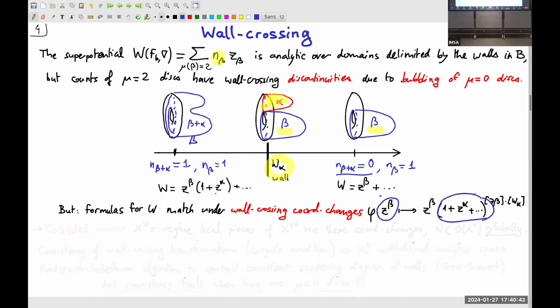And under this coordinate change, things will be fine. So in this basic scenario, all I do is I match z^β to z^β times (1 + z^α). The real formulas are more complicated because there could be multiple cover contributions or possibly attaching several copies of that Maslov zero disk.